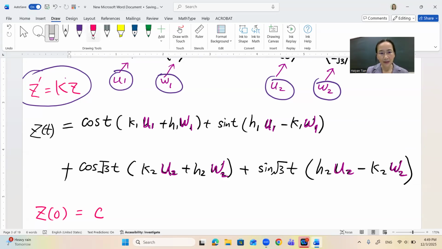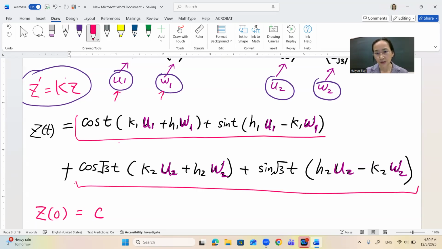Okay, so now do we realize this part is due to the eigenvalue and eigenvector here, and this part is due to the other eigenvalue and eigenvector here, real and imaginary part? So we can represent Z, which is the solution of the first order system, in this form.